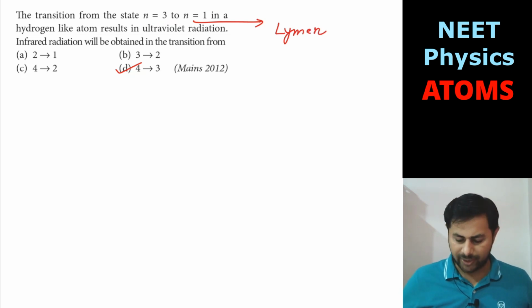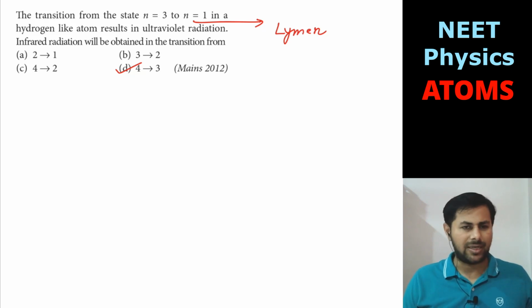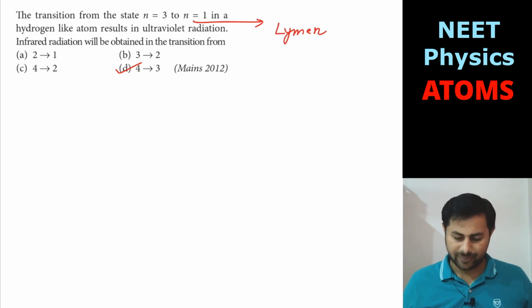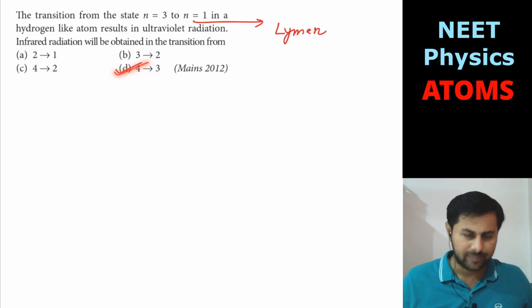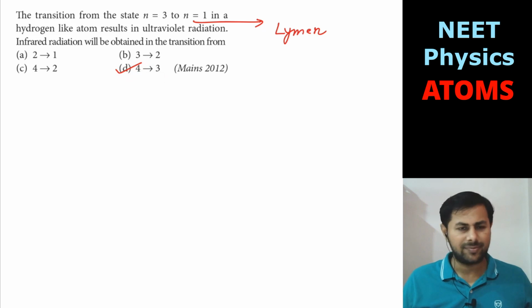If Lyman is ultraviolet, then Balmer would be visible. And next to that, Paschen, that is transition to the third state from any higher state, would be infrared. So very good, that's correct. So 4 to 3, right? Others, is it clear?